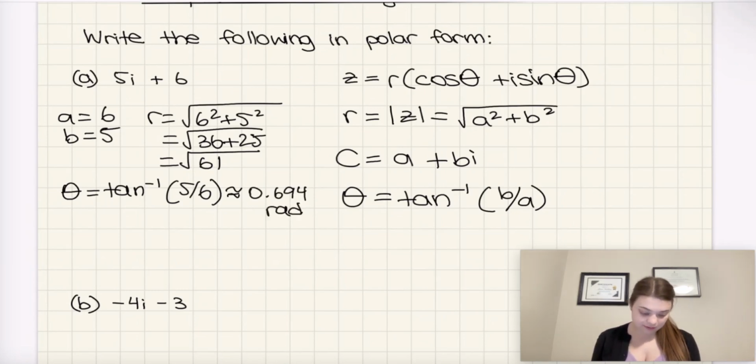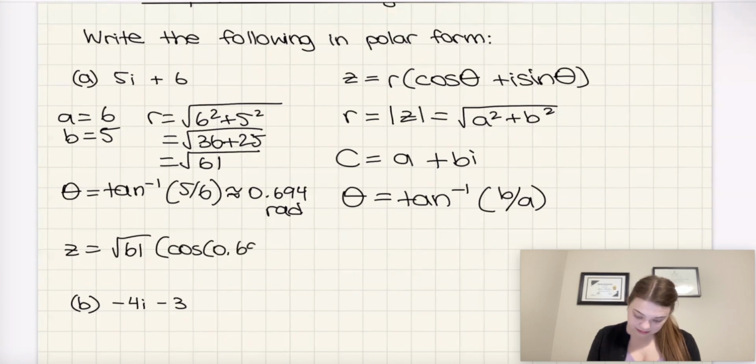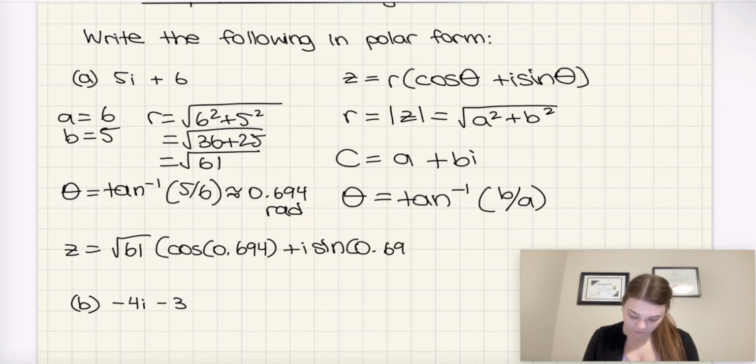Therefore, the final answer is that z is equal to the square root of 61 times cosine of 0.694 plus i sine 0.694. Or if we were ever just looking for the coordinates, for what is r and what is theta, that would just be root 61, comma 0.694.